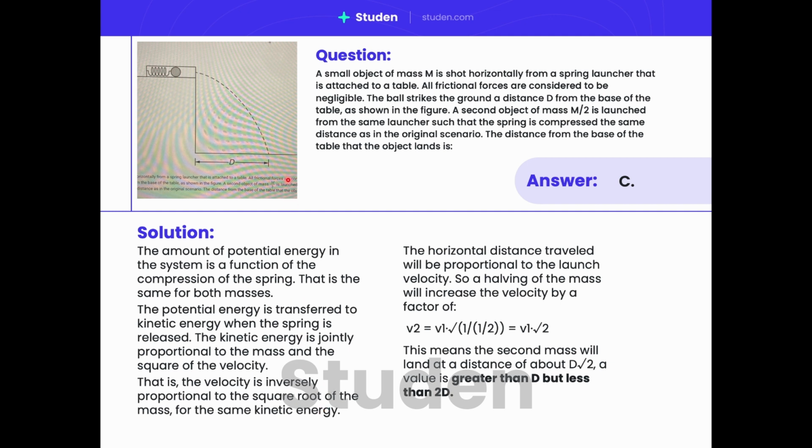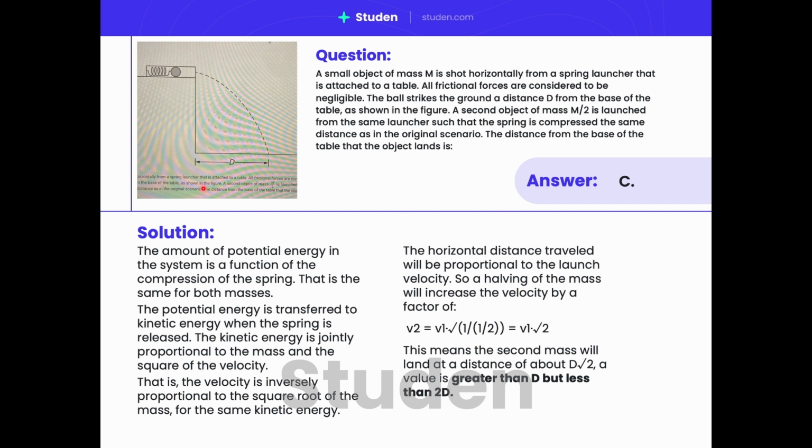First of all, the amount of potential energy in the system is a function of the compression of the spring. So that is the same for both masses, for mass m and for mass m divided by 2. The potential energy is transferred to kinetic energy when the spring is released, and the kinetic energy is jointly proportional to the mass and the square of the velocity.